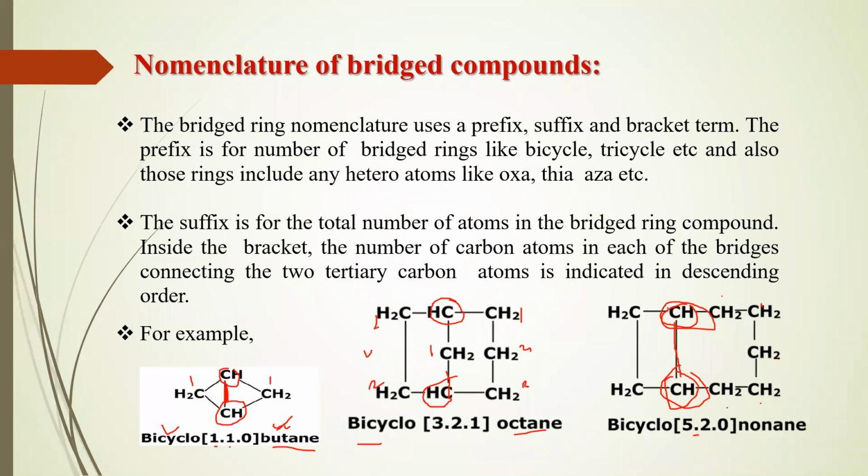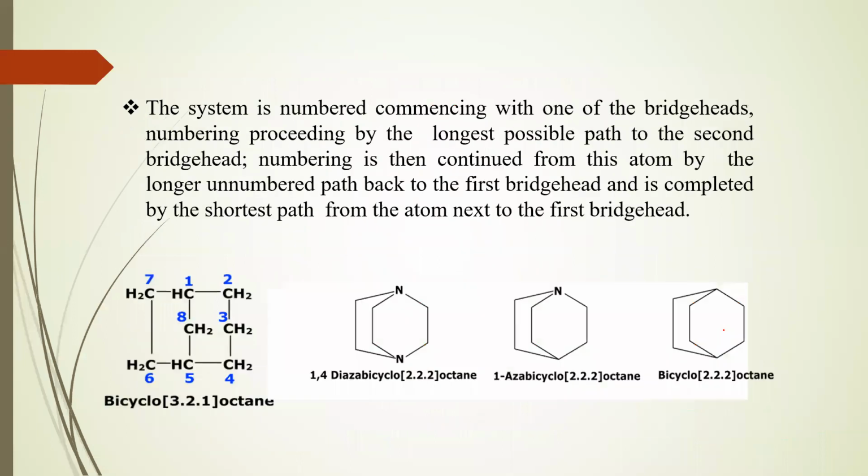Then again in between, the CH2 group present on that ring is represented as 2, and there is no CH2 group present between the CH and this position, represented as 0. This is bicyclo 5,2,0 nonane, and there are 9 carbon atoms present in that molecule.